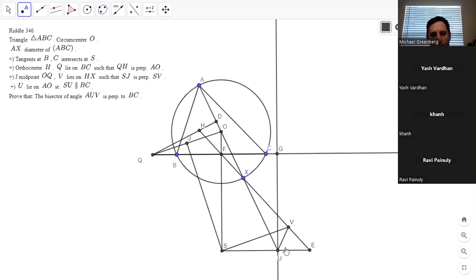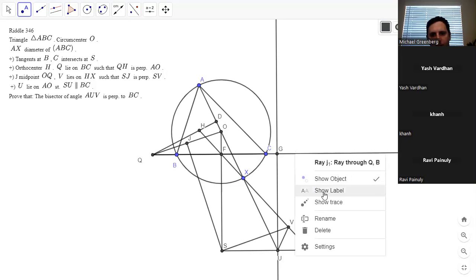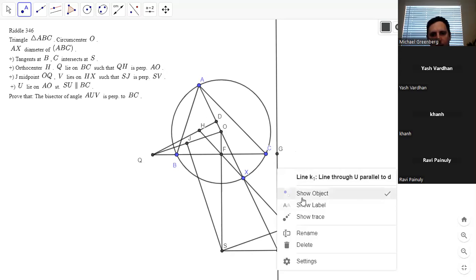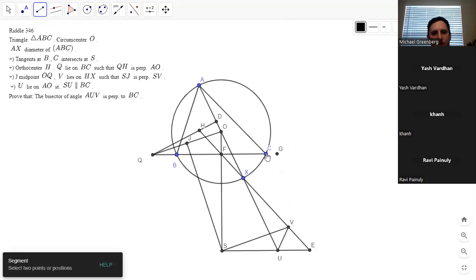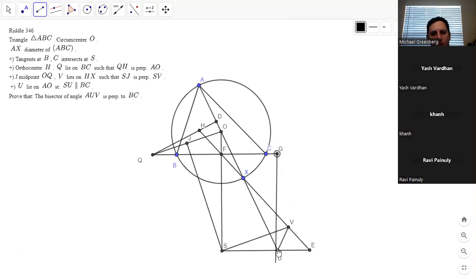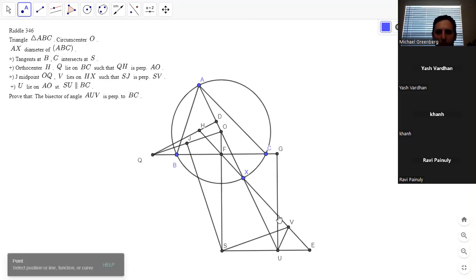So we want to show that this is like a harmonic bundle. I don't know how much we can do with that, but I guess another way to say it is we're going to show like EBIX is harmonic, but I don't know like where we would go from there. So I'm not sure how good of a strategy that is.